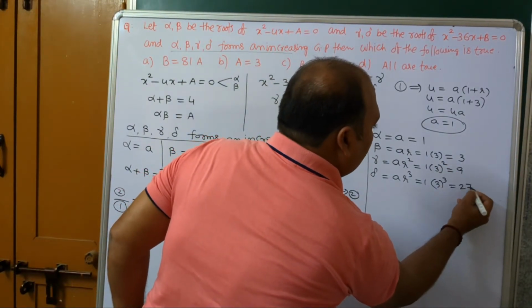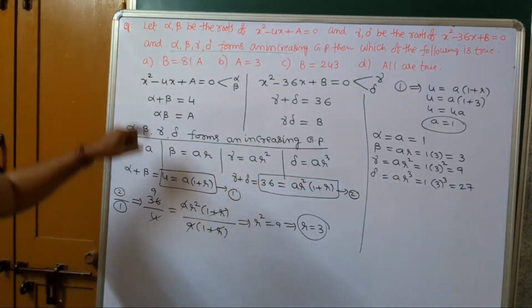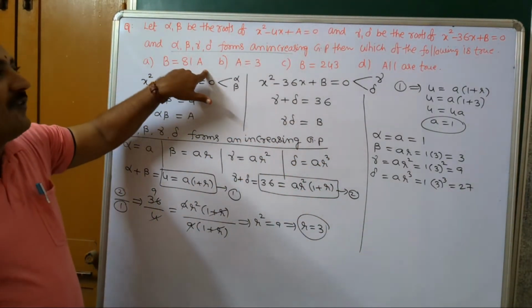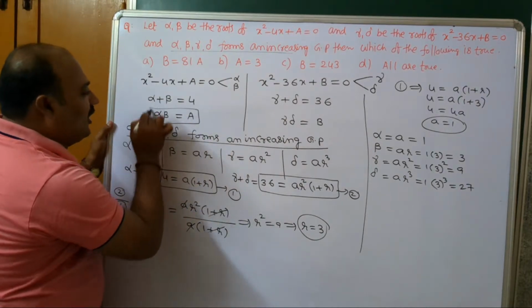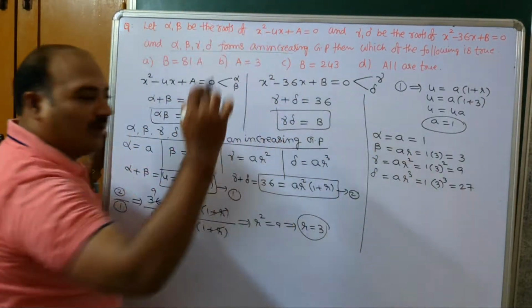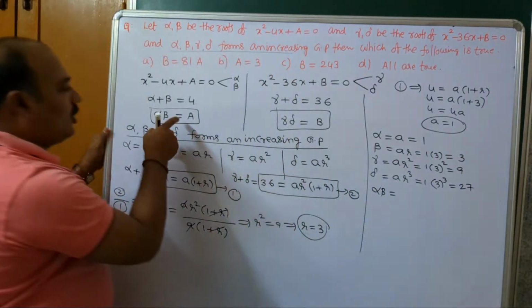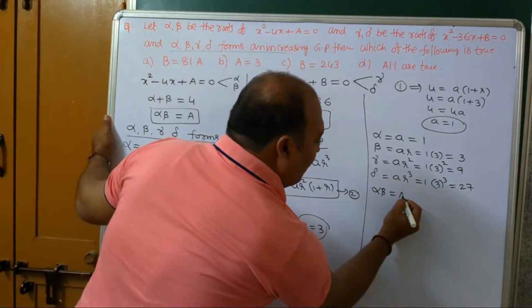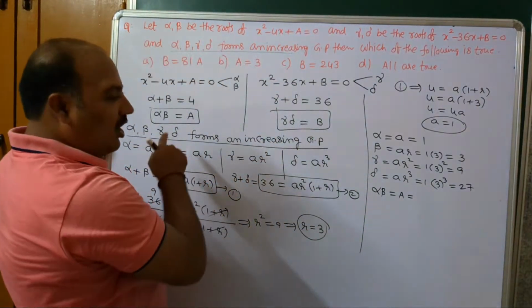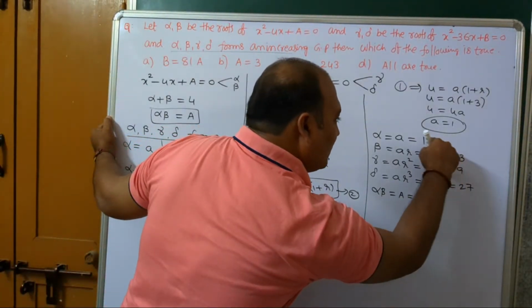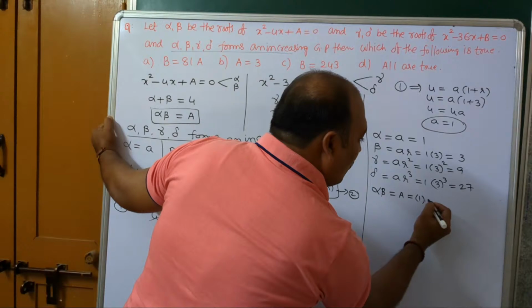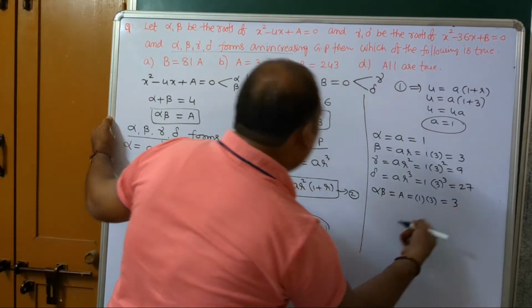But here the thing is the values of B in terms of A. So alpha beta we need to calculate, gamma delta also we need to calculate. So alpha beta is equal to capital A. Alpha into beta we know. Alpha value is 1, beta value is 1 into 3, that is equal to 3. A value 3.